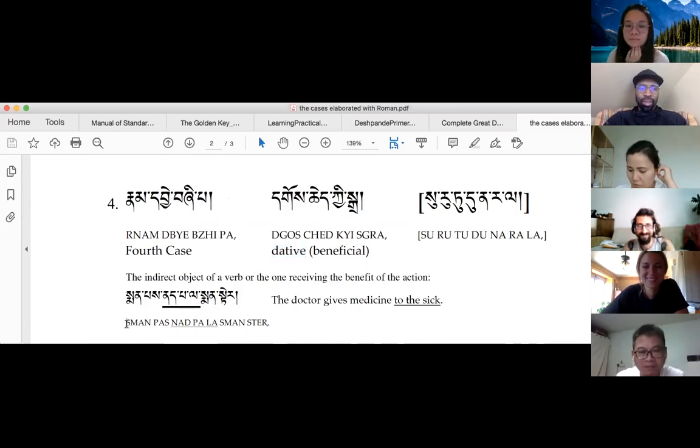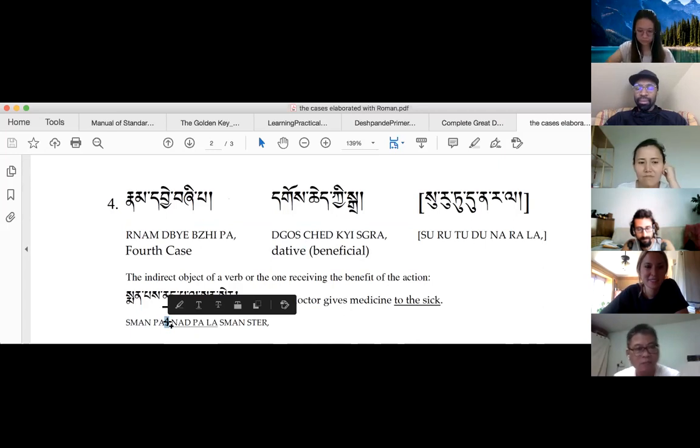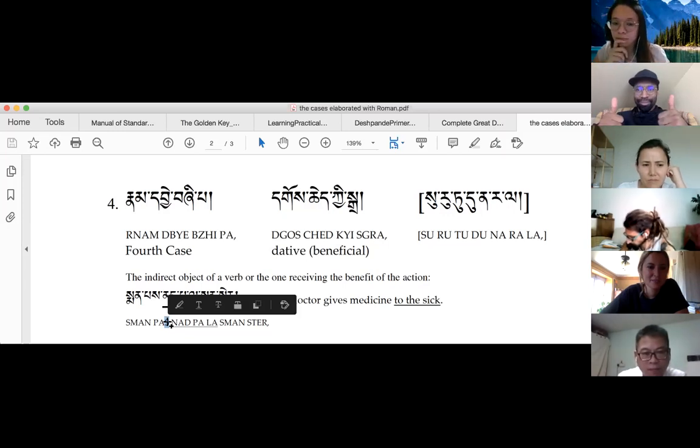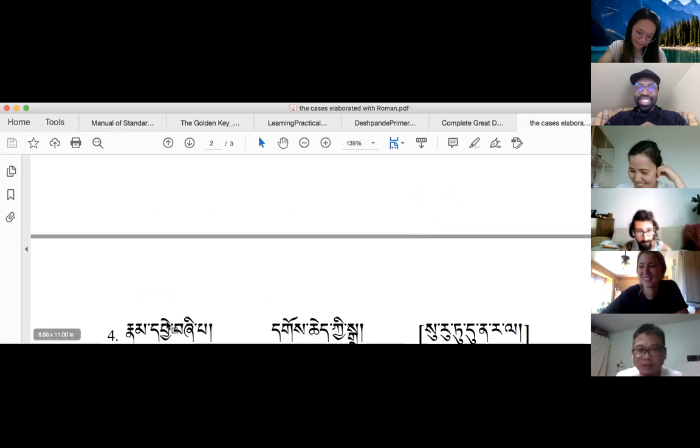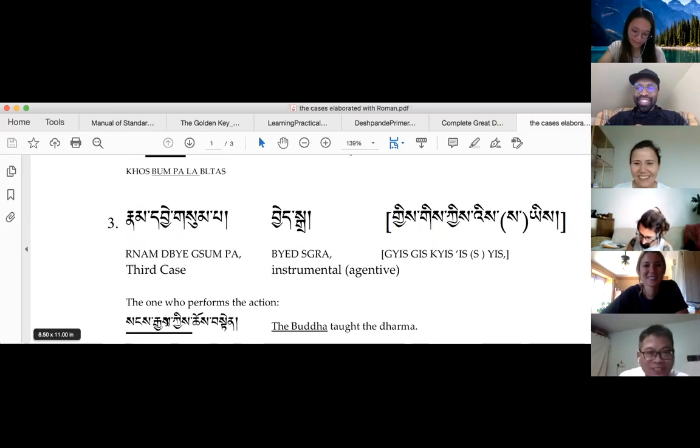Okay, so mempe means doctor. Mempas, why is there an S here? Because that S is indicating by the doctor. Just the case we study number 3. Yes, we just did this 3 seconds ago.